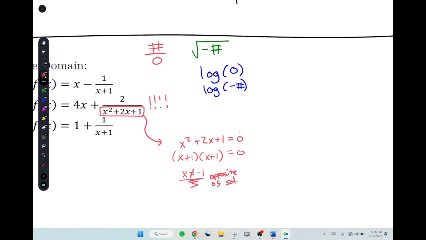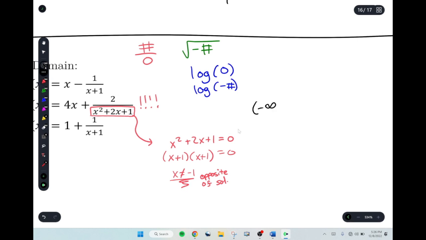So now what does that make the domain? Negative infinity all the way up until you get to that only bad number, and then union 1. And that's how it would look on the test. But on that question number 2, the same type of question looks like this.